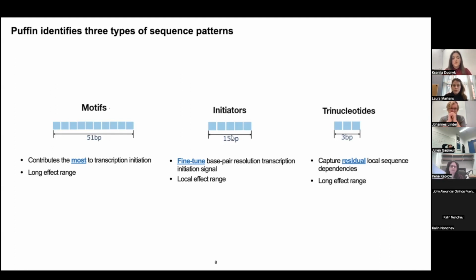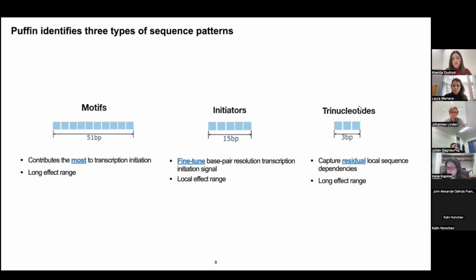Initiators are much shorter motifs, and the motif has a long effect range. Initiator sequence pattern has an effect range only within the initiator itself, and it does not contribute to transcription initiation as much as motifs contribute, but initiators fine-tune the base pair resolution of the signal. And the last group of sequence patterns are trinucleotides.